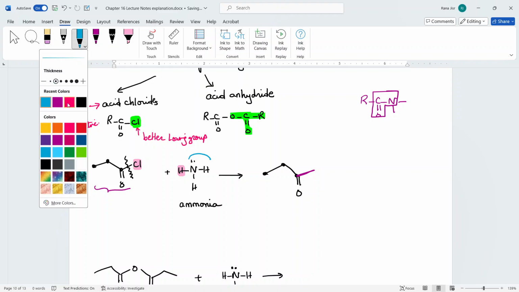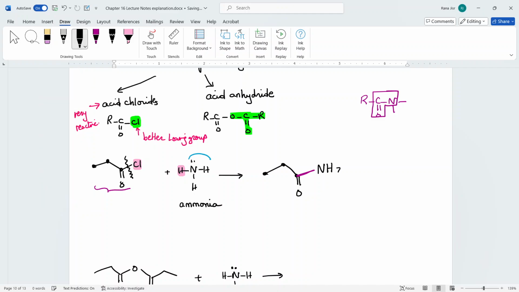So I'm just going to go ahead and simply add the NH2 in there, plus of course my HCl, and that is going to be my byproduct. What did I form over here? I did form a primary amide. So now I know that if I start with ammonia and an acid chloride, so that is an acid chloride.